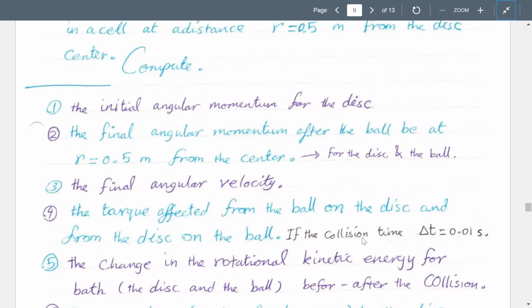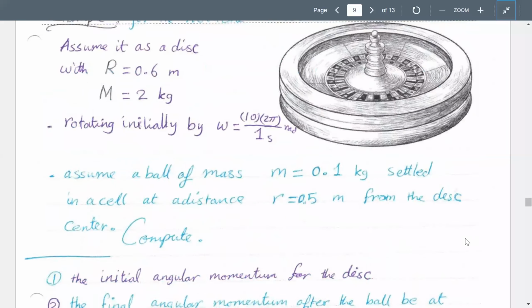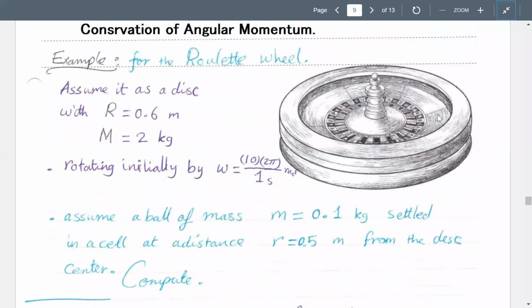If the collision time is 0.1 second, now if the ball comes here and settles during 0.1 second, we can find the force or the torque done by the ball on the disk, and also from the disk on the ball, which is equal to the same force but in the negative direction.